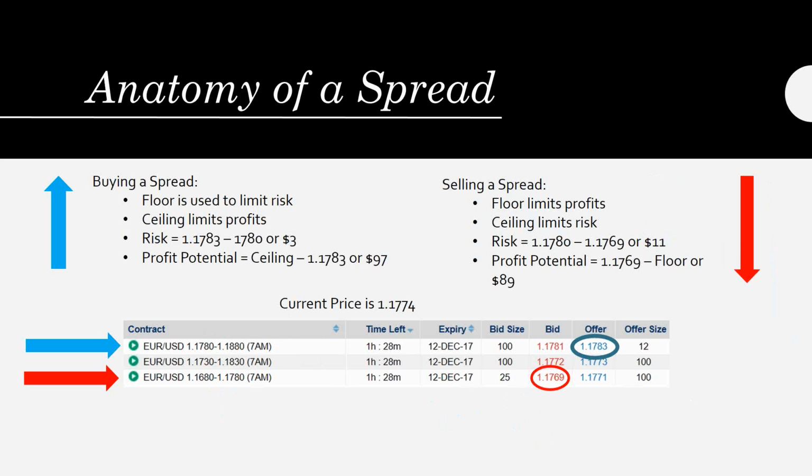Any questions on that? Does everyone understand which is the floor and which is the ceiling? You know, the floor, to me, is a support area for price to go up. The ceiling would act as resistance, okay?